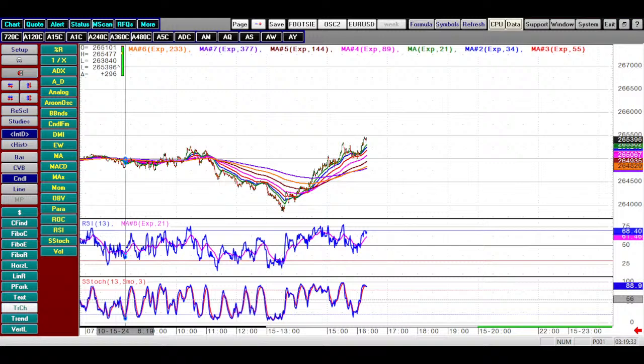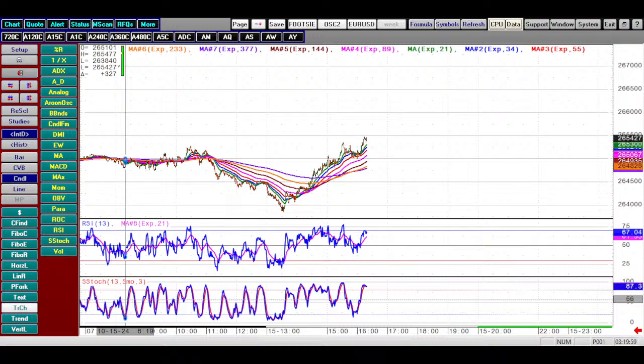So if we see 2661, then the target would be 2651 or 2649. That should be your target, the reason being that above 2647, 48, the market is bullish, and the sentiment is bullish, and we should be going for buys.